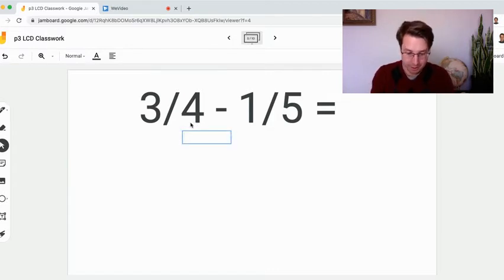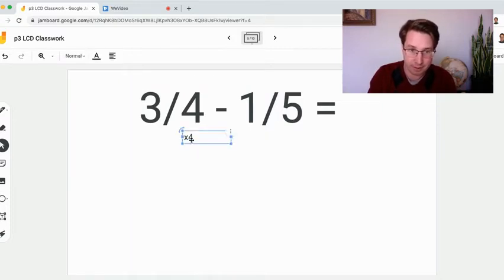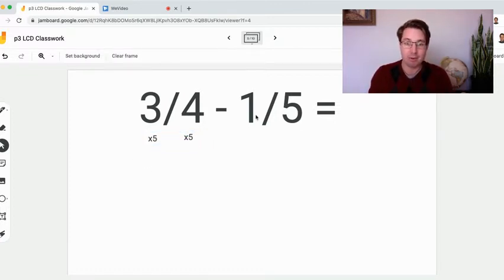So 4 times 5, times 5 here. And we also must multiply the numerator, the 3, by 5. And 1/5, we have to multiply this one by 4, times 4, in order to get it with a denominator of 20.